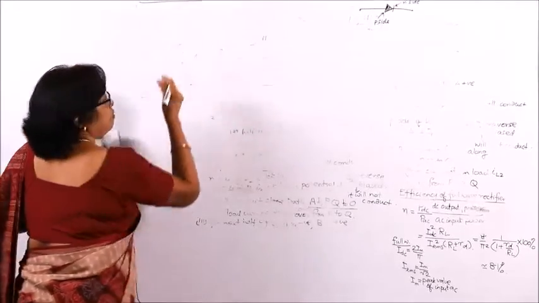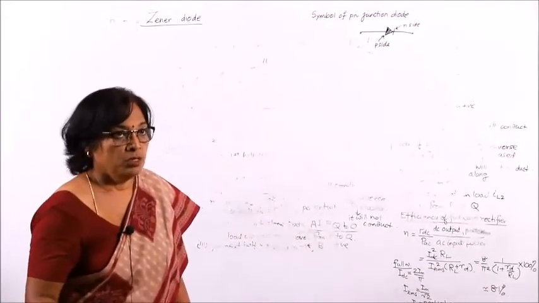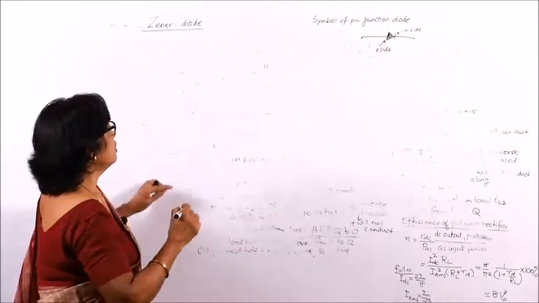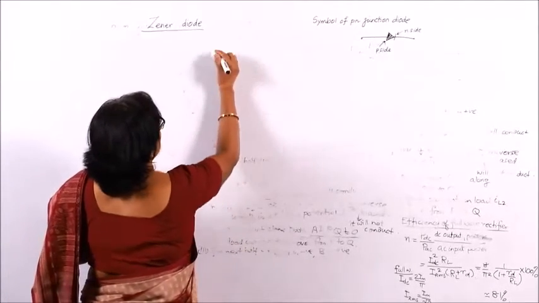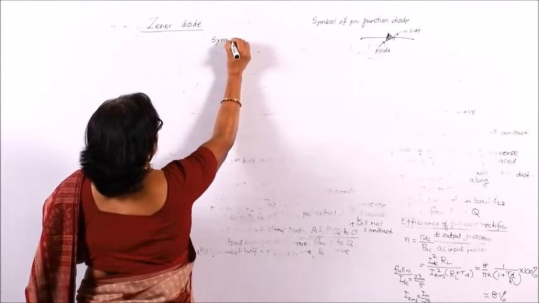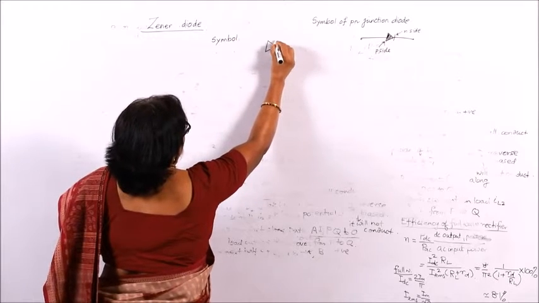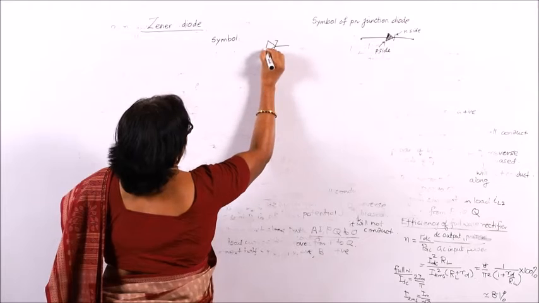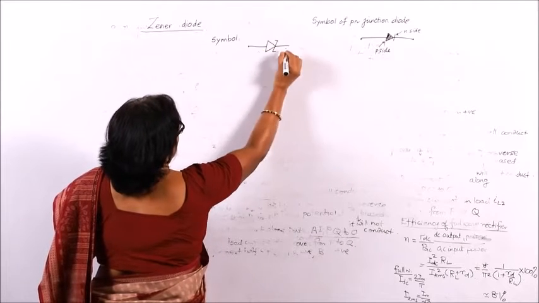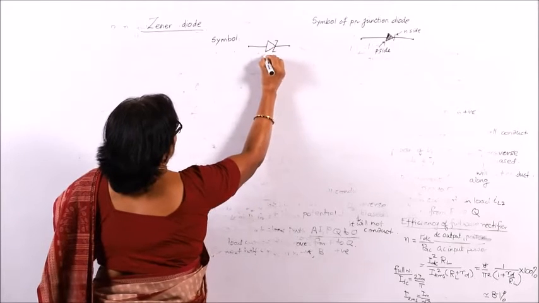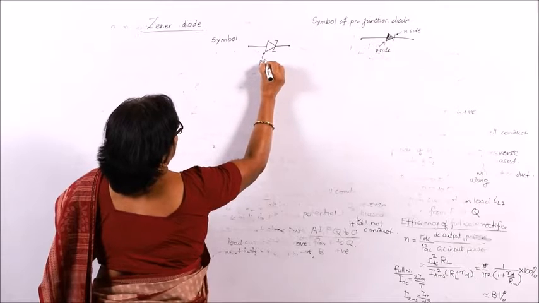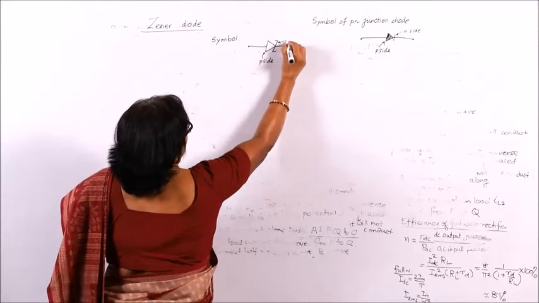This is another type of PN junction diode. In the symbol of the Zener diode, the N terminal is something like a Z. So, this is the P side, this is the N side.